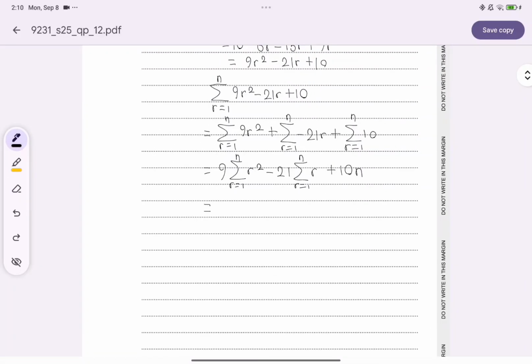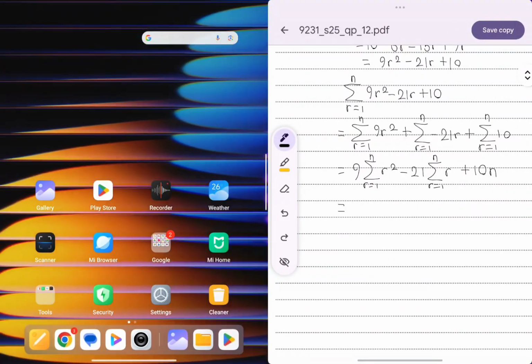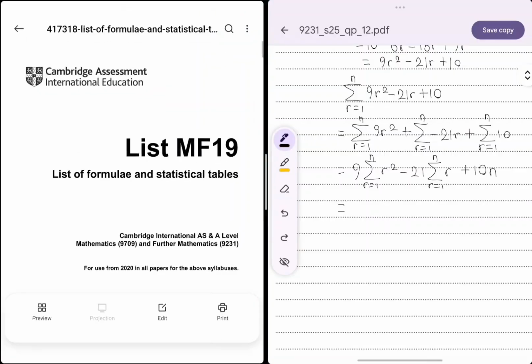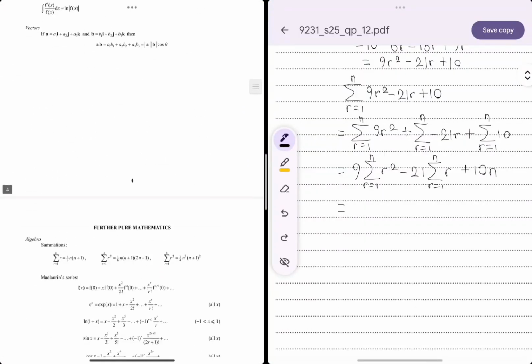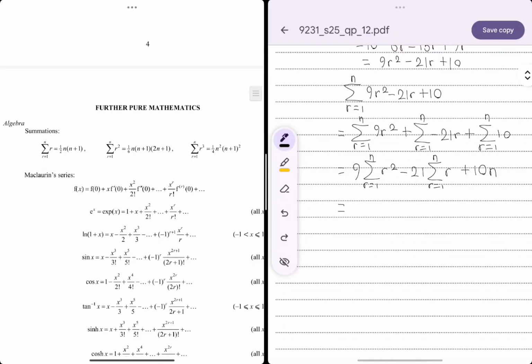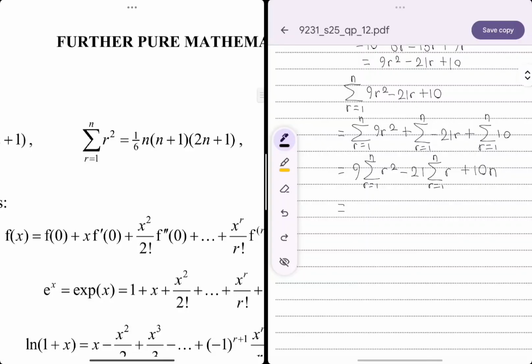Okay, now all we have to do is simplify this remaining term. So to do this, we have to use our MF19. Let me just show it to you right here. Okay, so these are the formulas we have to use. So first, let's use the one for r squared. So this is 9 times 1 over 6n times n plus 1 times 2n plus 1.